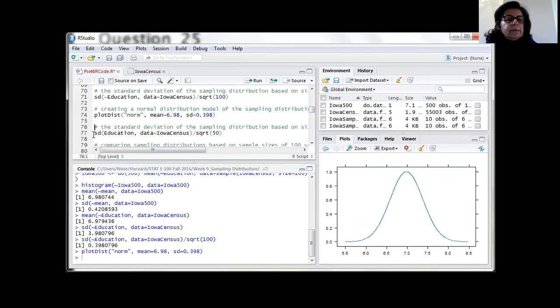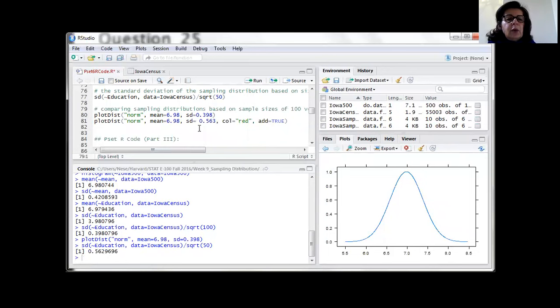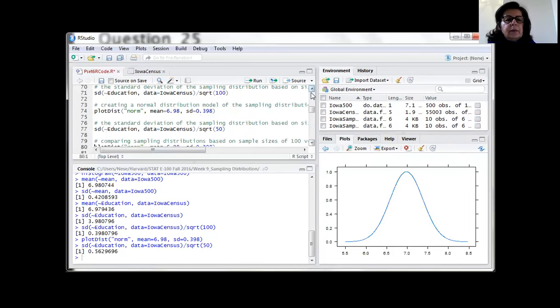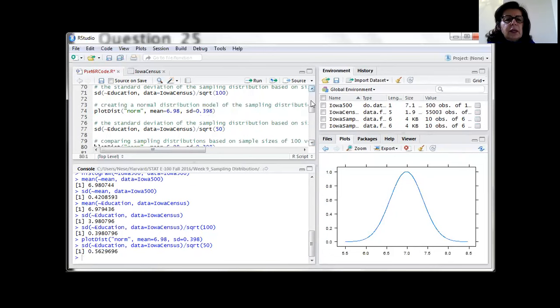If we calculate the standard deviation for the same variable education for sample size of 50, we get 0.56. Let's plot this together. The first plot is going to be the sampling distribution of samples of size 100.